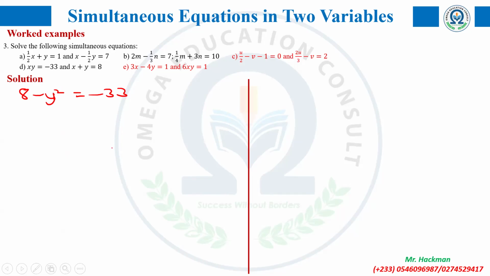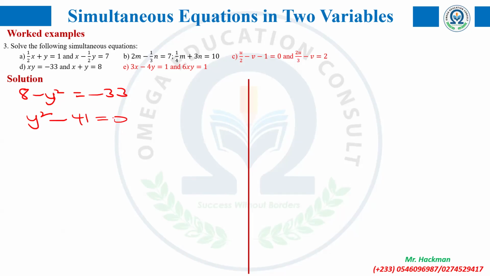We get y squared minus 33, then minus 8, so that will be minus 41, is equal to 0.